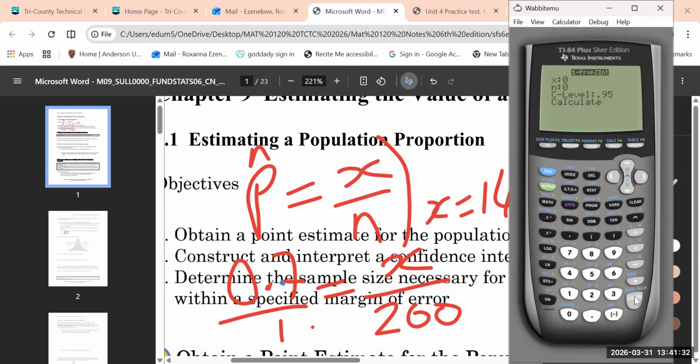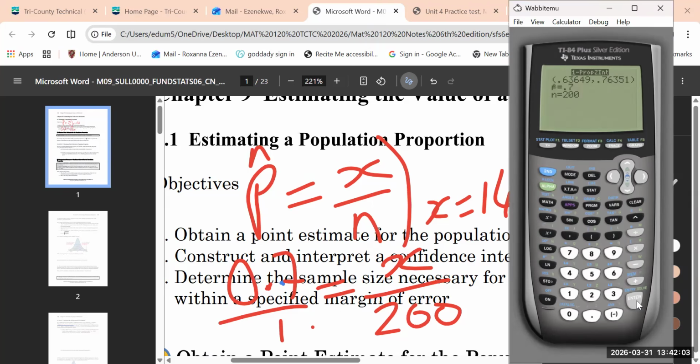Now I know that X, 70% of 200, is 140, the sample size is 200, and the confidence level is 95%. So I'm going to calculate now. What am I calculating? The confidence interval.